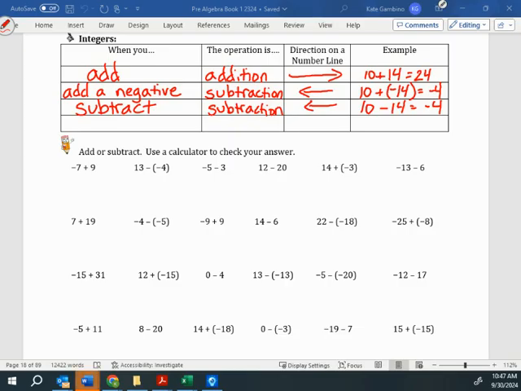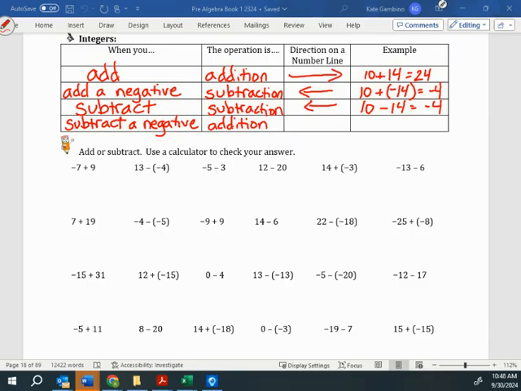It gets a little more complicated if we subtract a negative. Subtracting a negative actually turns it to addition. Just like when we added a negative, it was subtraction.